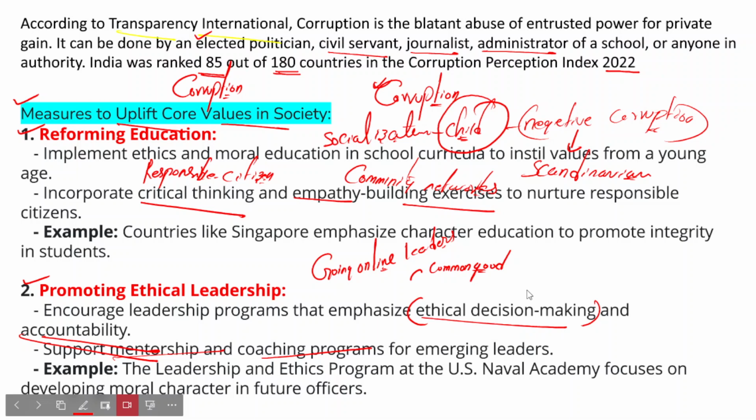There are organizations like SEWA, which have been promoting leadership skills among women so that women can readily participate in politics. Therefore, promoting ethical leadership plays a very important role. The US Naval Academy has been focusing on developing moral character in future officers.